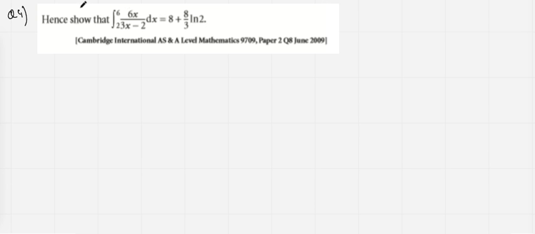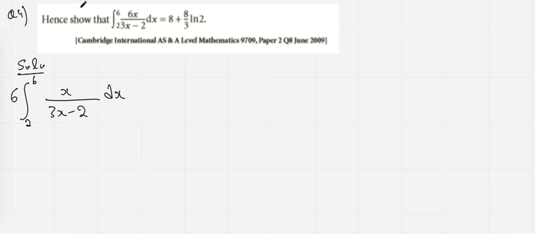Okay, so we are definitely going to use u-substitution here. You see that the integral is going from 2 to 6, and I just write this numerator 6 constant outside. It's x upon 3x minus 2 times dx.